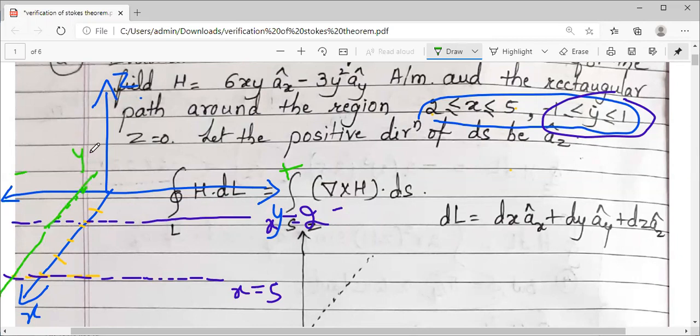This indicates y equals minus 1, and y equals plus 1 is somewhere here. So I have marked the points. This will make your work easier. If you draw lines like this, wherever the common intersection area is, that will be your identified loop.